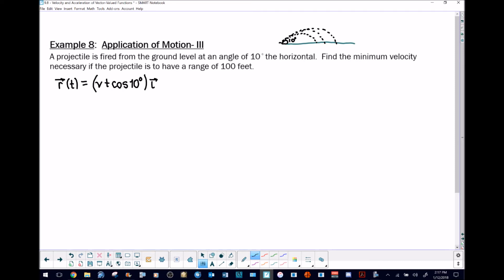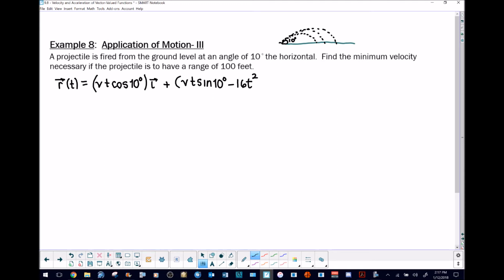All right, now we put together our vertical components, and we have a similar situation. We still have that initial force v that we don't know, times the time multiplied by the sine of 10 degrees. But we also have to tack on our gravitational component of this expression.